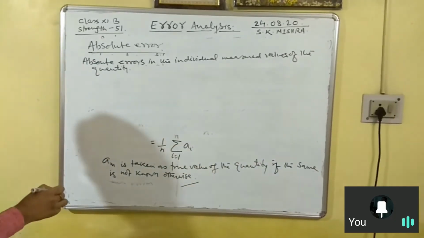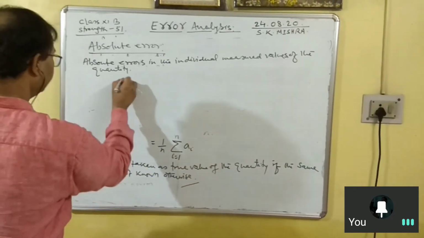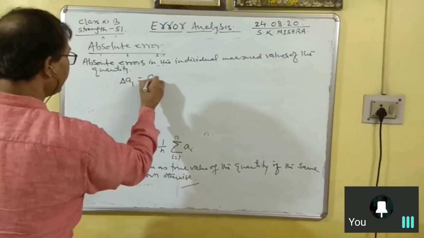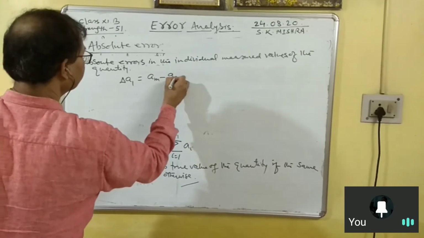So the first is delta A1. So this is nothing but AM minus A1.